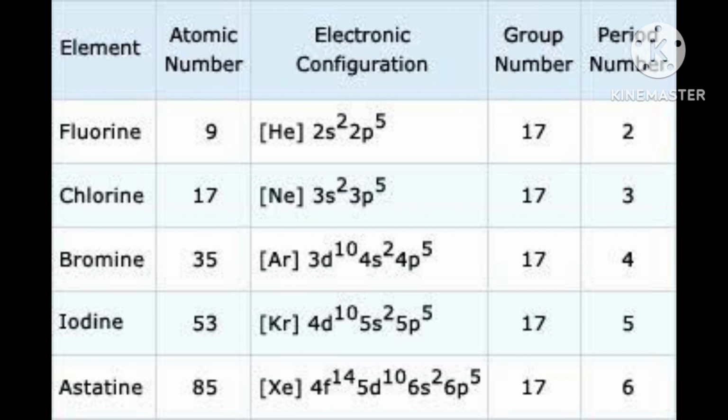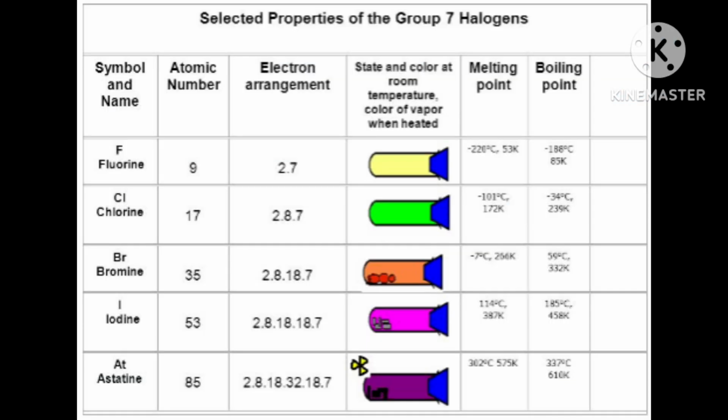Okay, and this volt means electrode potential I am talking about. For fluorine F2 it is 2.87 volt, and for chlorine 1.36. Actually here I am telling you the E standard value in terms of volt.